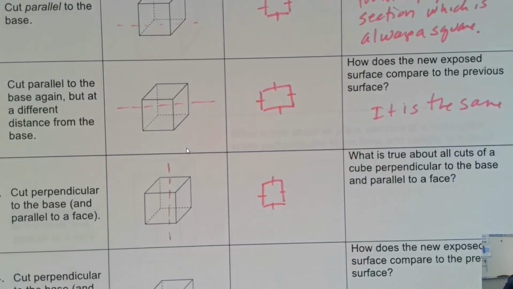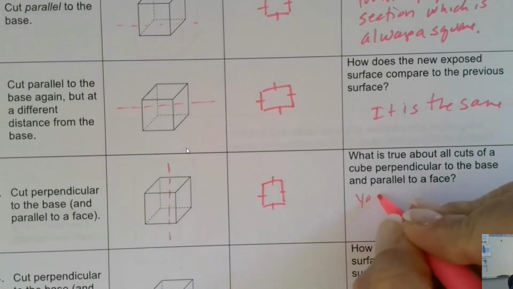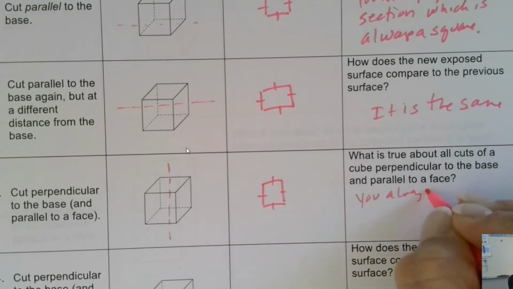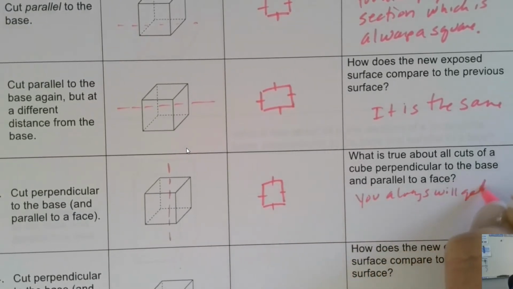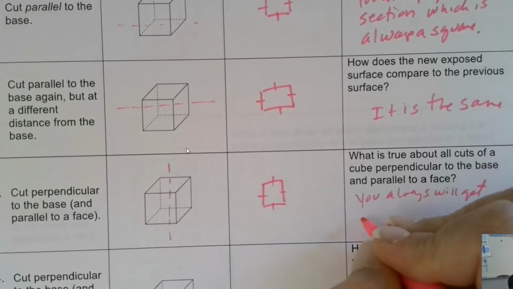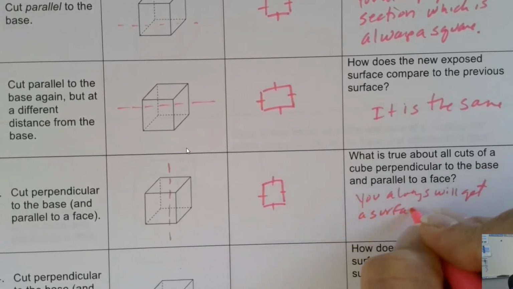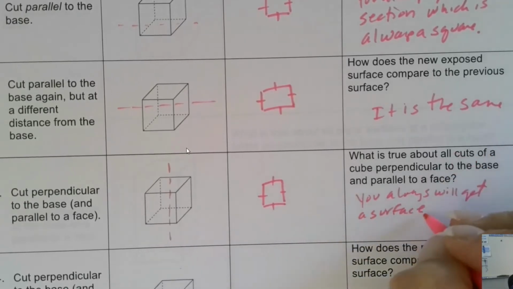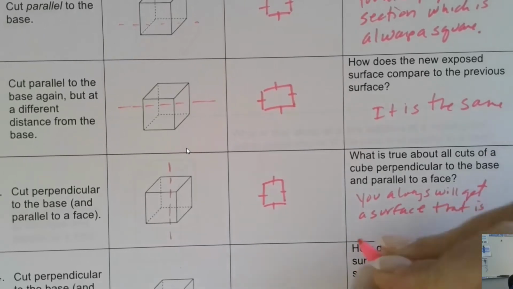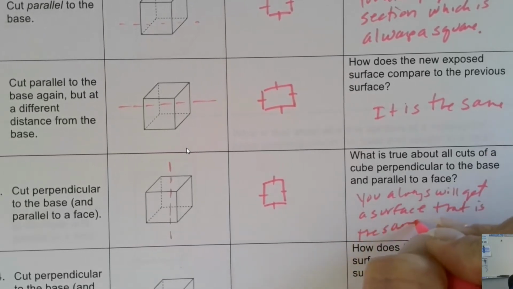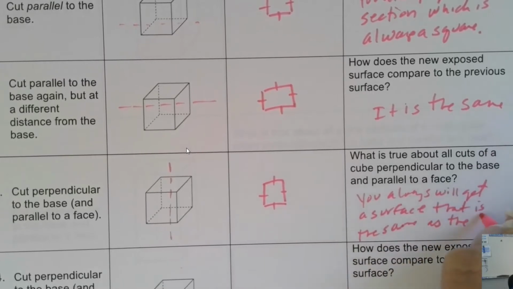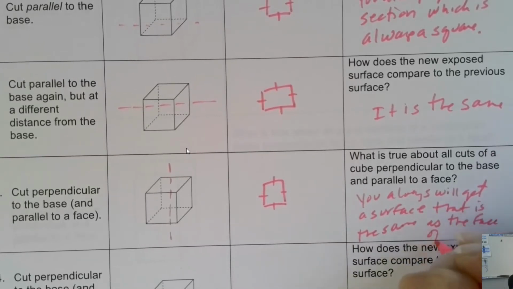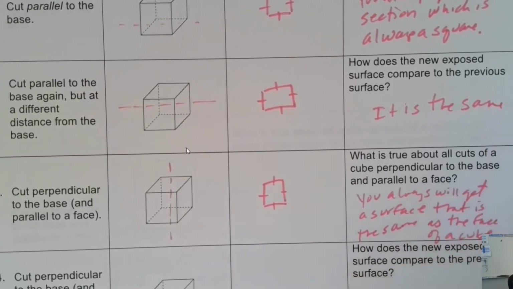You always will get a surface that is the same as the face of a cube.